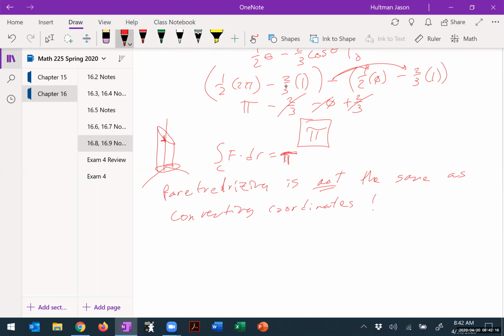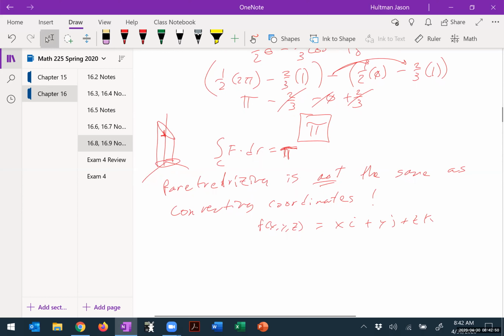Parametrizing something is not the same as converting coordinates. If I parametrize something, say I have something in terms of x, y, and z, f of x, y, and z, and say we have xi plus yj plus zk, right?